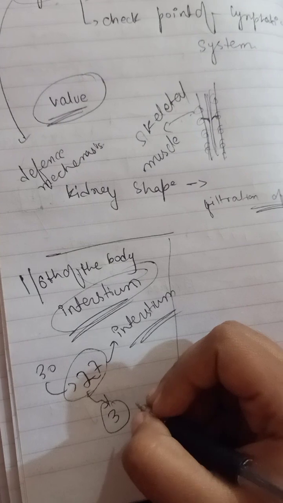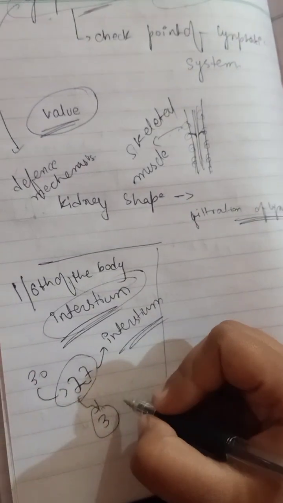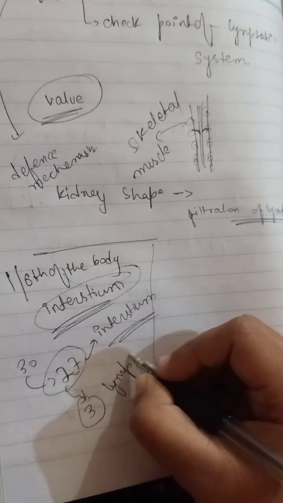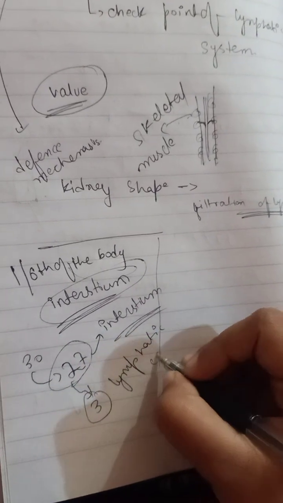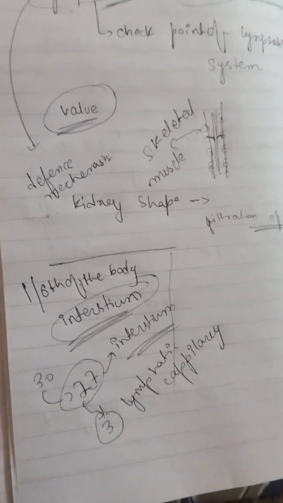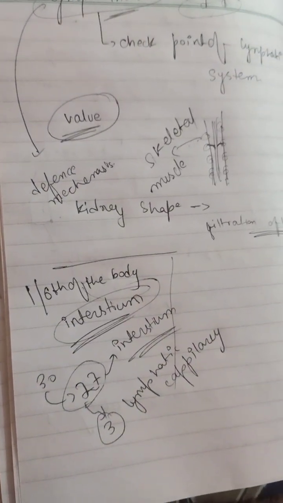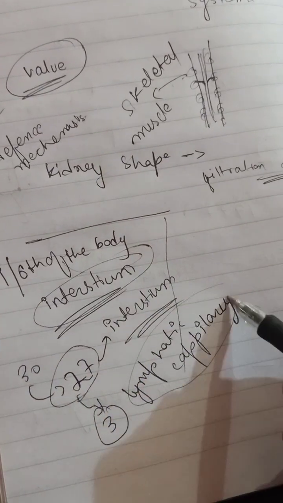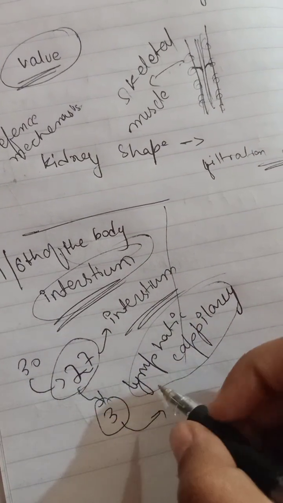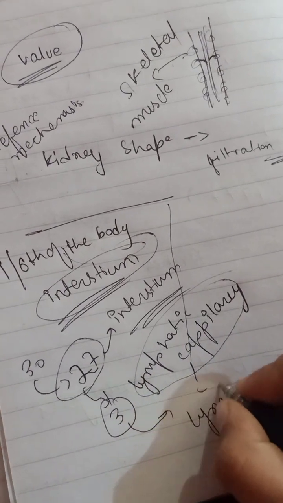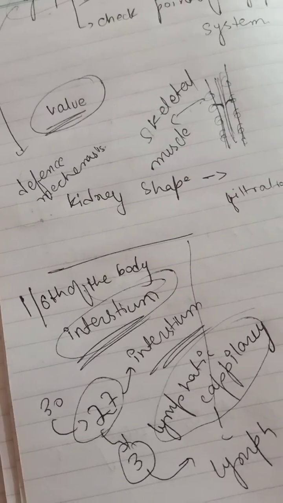The remaining 3 liters will move to the lymphatic capillary. The plasma that passes into the lymphatic capillary, we call lymph. Yesterday I told you about this.